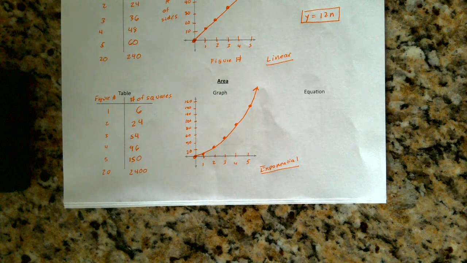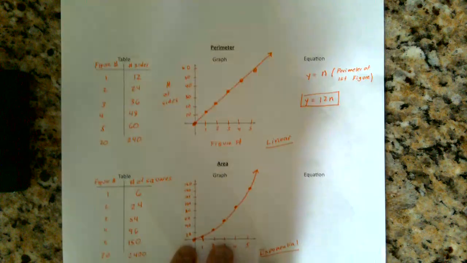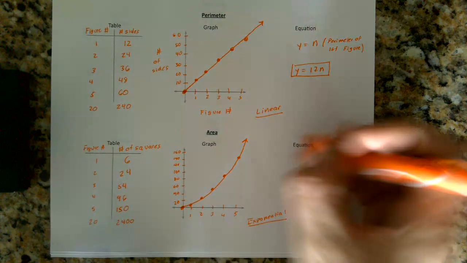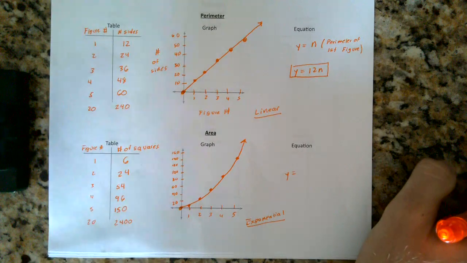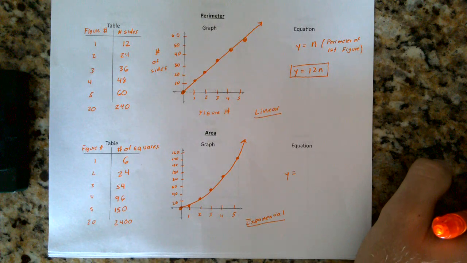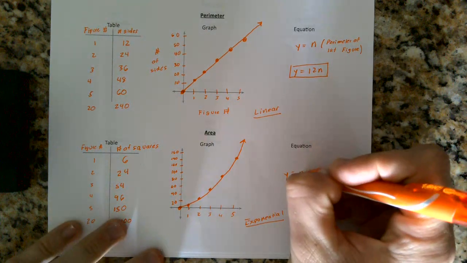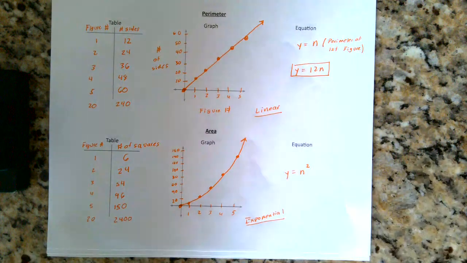So if we were to write the equation for this, I'm asking why the number of squares is coming up this way. Looking at the first figure, it's not just n that I'm multiplying by, the number of figures as we go along, but what we call n squared.